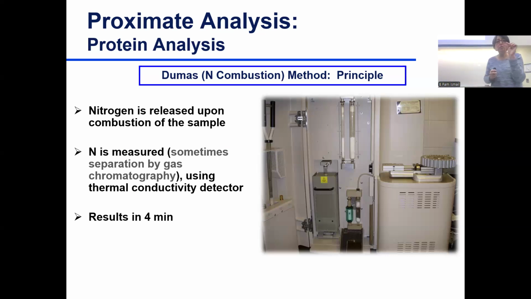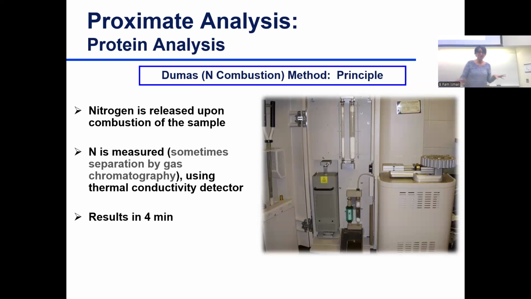You weigh your sample in these capsules, and then you put your capsules in the different holes in this carousel. The carousel automatically turns, and each sample at a time gets dropped into a combustion chamber, and it gets combusted at really high temperature, 850 to 950 degrees Celsius.